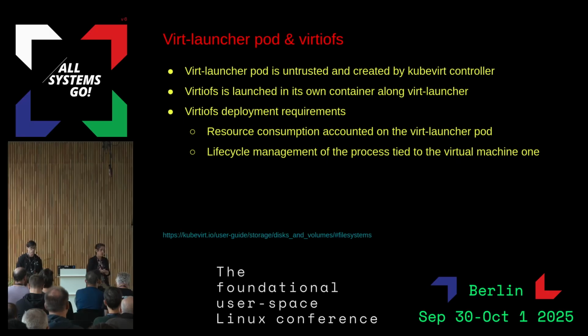The requirement that we want to follow for virtiofs is that the virtiofs process needs to consume resources that are accounted on the virt-launcher pod, and the lifetime of virtiofs is coupled to the lifetime of the VM.